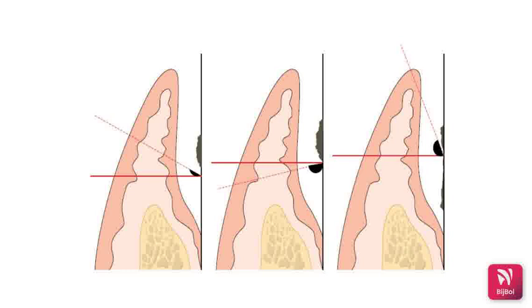If it is more than 90 degrees, the lateral surface of the blade will be against the tooth surface rather than the cutting edge, and this will result in ineffective removal of the calculus, and the calculus will get burnished, as you can see in the second picture, the obtuse angulation. Whereas in the third picture, you see the acute angulation, less than 45 degrees.